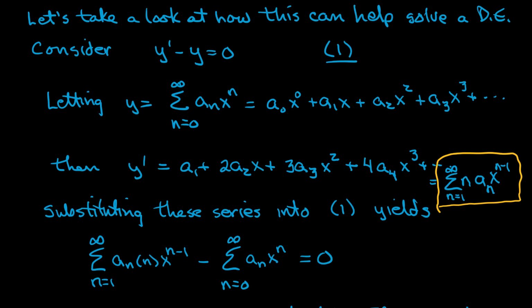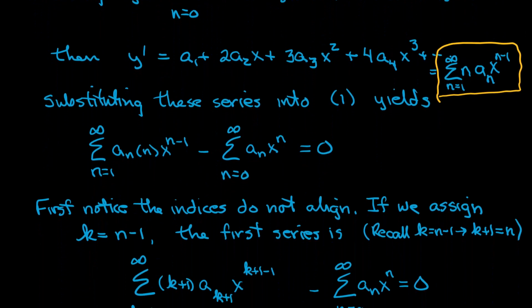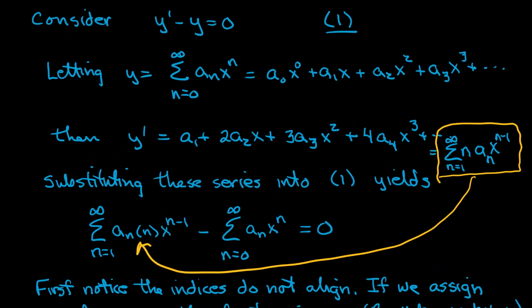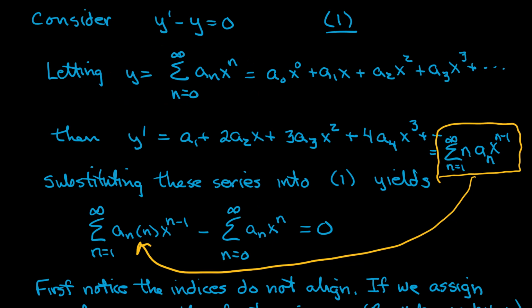When we substitute our y prime and our y, represented with these power series, into our original equation, y prime minus y equals 0, what we're going to get is this series that we just talked about right here that starts at 1, minus the original series, which was y, and our y value is up here. And we're going to have the series representing the derivative minus the series representing y.